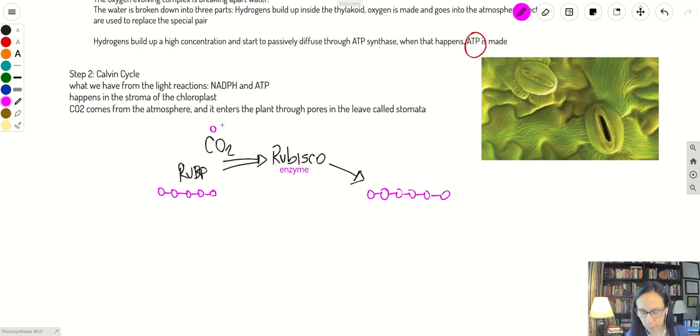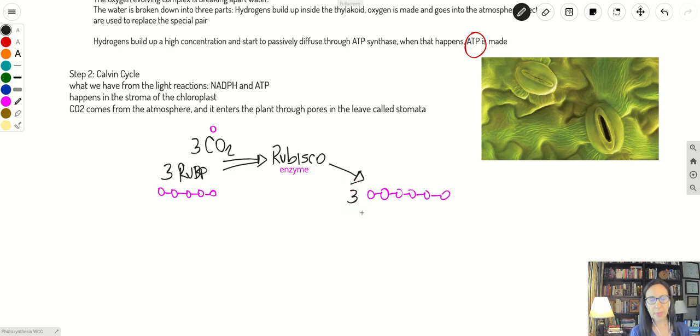And I want to point out also that we have to have 3 carbon dioxides. I'm going to put some numbers here so that we have a balanced equation in the end. So we have 3 carbon dioxides and we have 3 RUBPs. Then these 3 RUBPs and 3 carbon dioxides get put together to make this long molecule of 6 carbons. And there are going to be 3 of these.